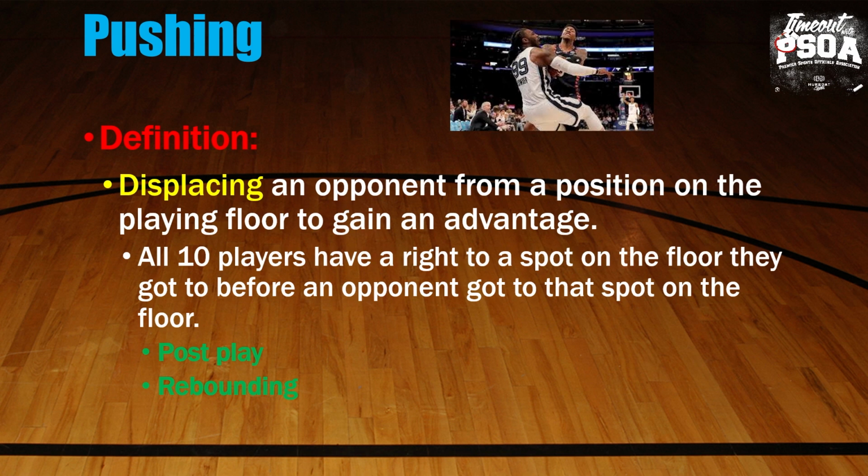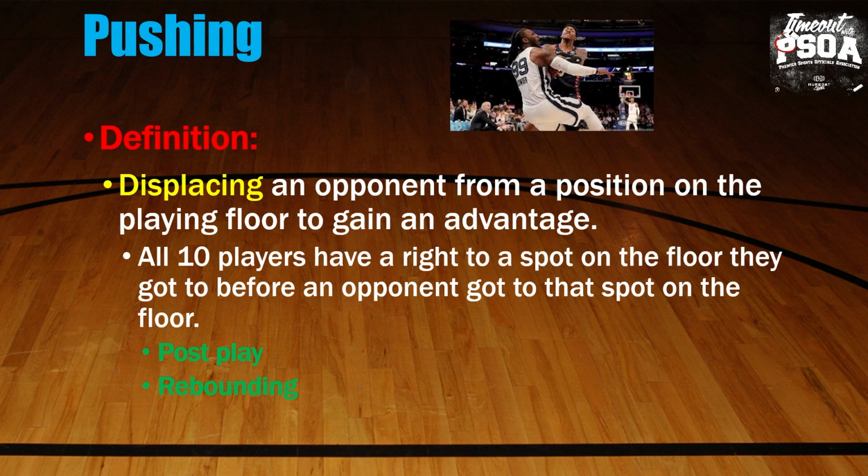Rebounding. Well, my coach told me to box my opponent out to the wall. That's illegal. Rebounding is preventing my opponent from getting around me. I have my spot on the court. I can move laterally, vertically, horizontally, obliquely to stay in front of my opponent.